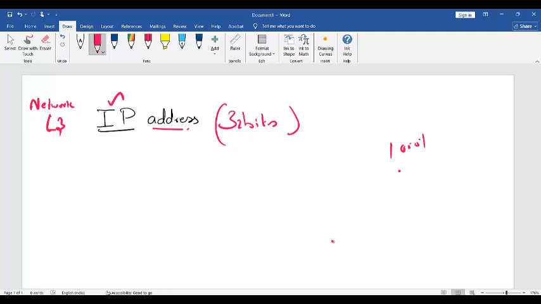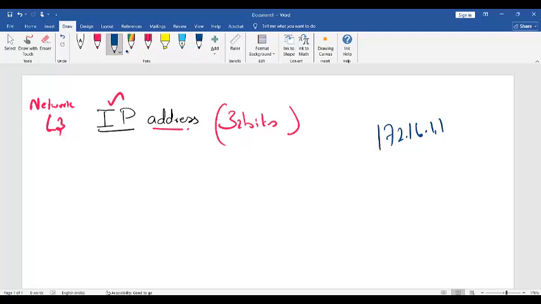Now when the same laptop moves to the office and connects to the office network, it's going to give you 172.16.1.1. See, your laptop is now identified differently. In office, one address; at home, another address. That's why we call the IP address a logical identity, logical address.